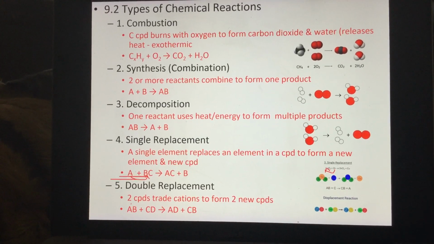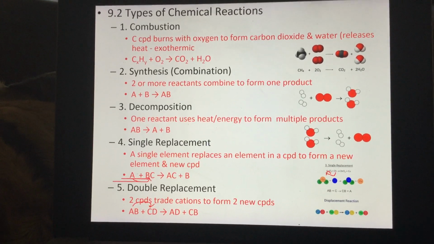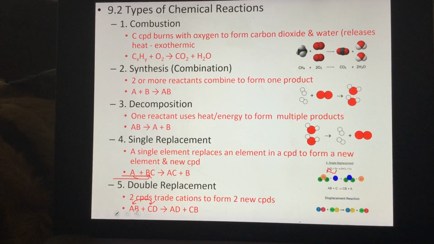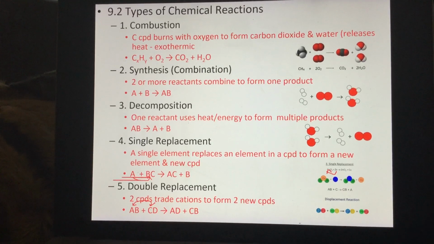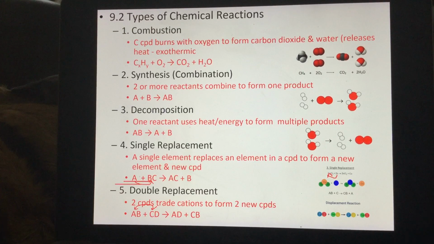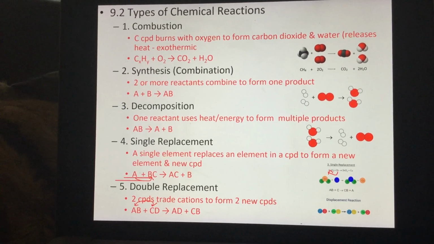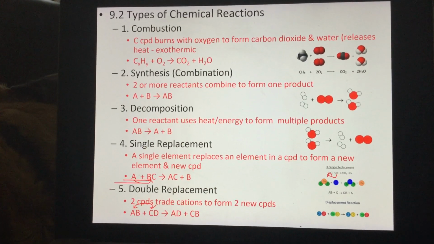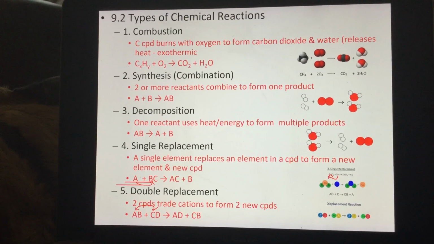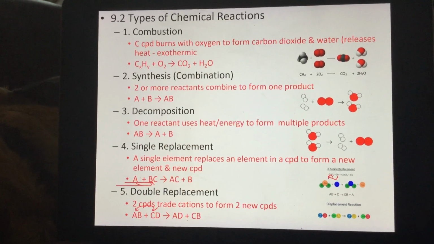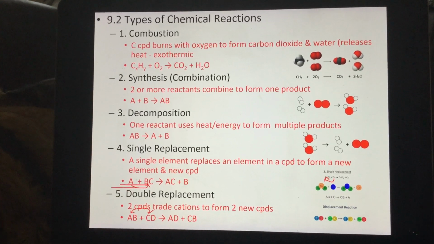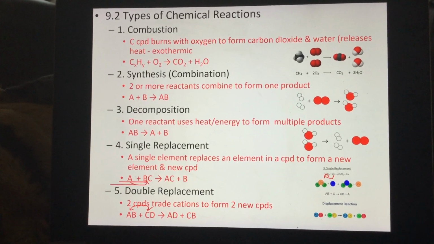So what happens is A and C, those are the cations, because remember we always write the cations first in the compound. So A and C are our cations. They're just going to switch places. So now we have our products, compound AD and compound CB. So we have to re-crisscross charges if necessary, and then obviously balance after that. But we're just switching the positive ions. So that's what this picture is showing over here.